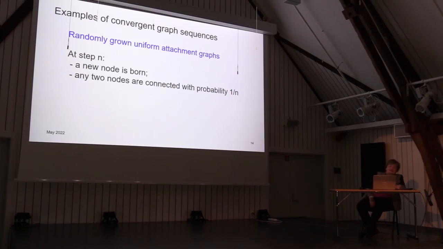So, randomly drawn uniform attachment graphs: at step n, a new node is born, and any two nodes are connected with probability 1 per n in the new graph. And we forget about the multiplicities, we just ignore the multiplicities of edges.